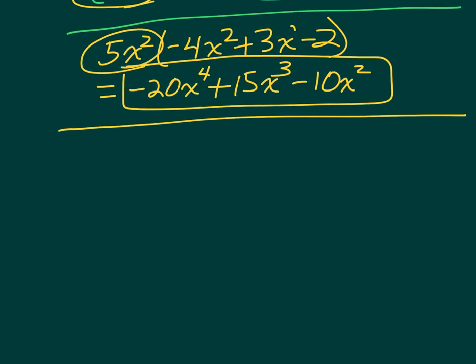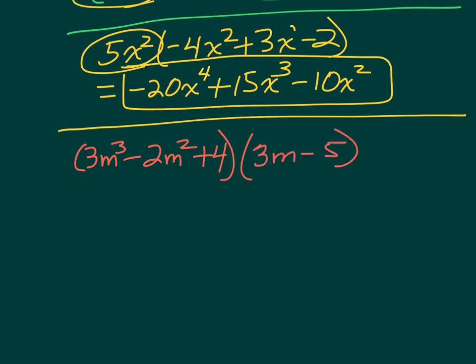But what if neither polynomial is a monomial? What if we had something like this? 3m cubed minus 2m squared plus 4, a trinomial, times a binomial like 3m minus 5.